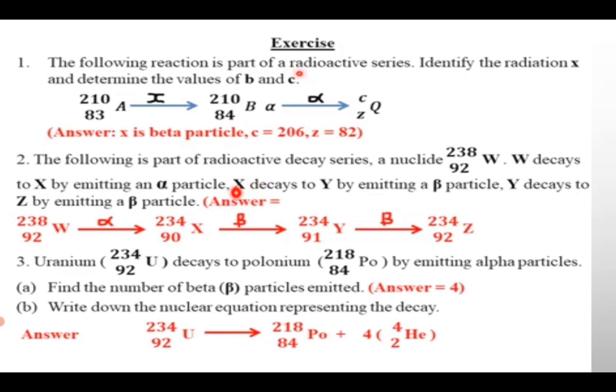What you are required to do is to write down the nuclear equation. So the nuclear equation, you can work it out and compare it with this one given here. Number three, you are told that uranium, this one here, decays to polonium, this one, by emitting alpha particles. Find the number of beta particles emitted and write down the nuclear equation expressing the decay process.